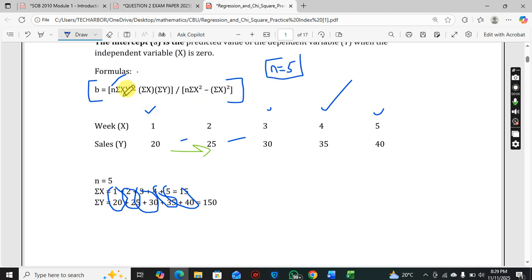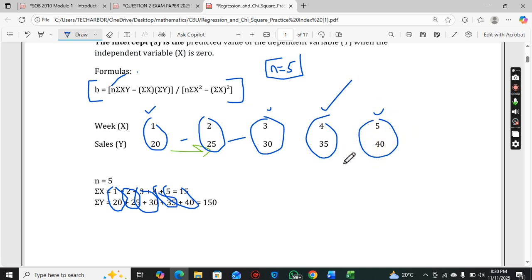Sigma xy, weeks are x, cells are y. So it means we are multiplying each of these values: 1 times 20, 2 times 25, 3 times 30, 4 times 35, 5 times 40. We multiply each of them and then we add. Sigma xy just means you are multiplying the values and then you add up. Are we okay with that, sir?